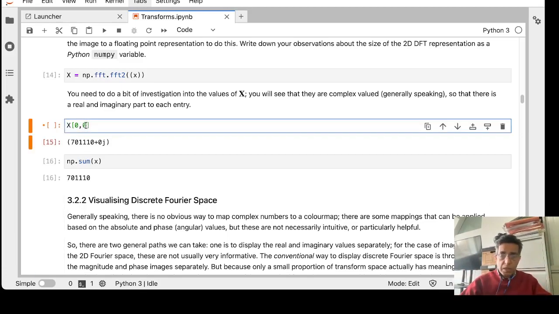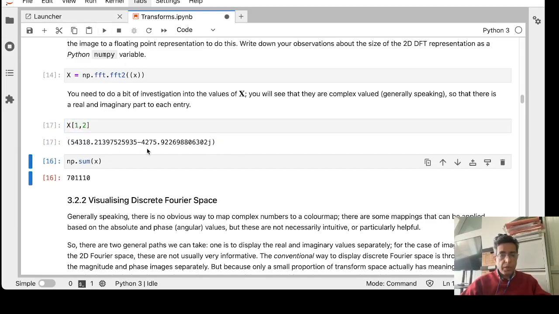If we take some other terms, we're actually looking at terms that correspond to oscillations. So let's take 1, 2, and there you get non-zero imaginary parts, and you get a fairly uninterpretable number, which represents the magnitude of the real and imaginary parts of the coefficient in discrete Fourier space.